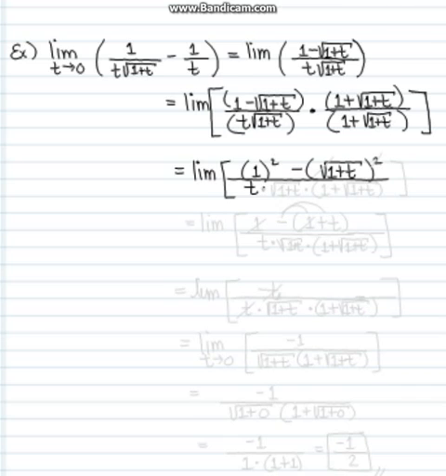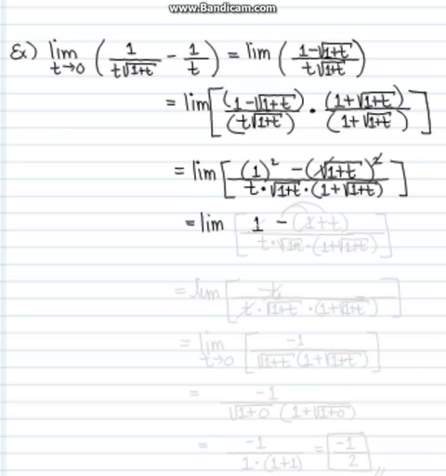It's t times the square root of 1 plus t times parenthesis 1 plus the square root of 1 plus t. And just multiply it across the bottom. Okay, let's simplify the numerator. That is 1 squared is 1 minus the square root squared.